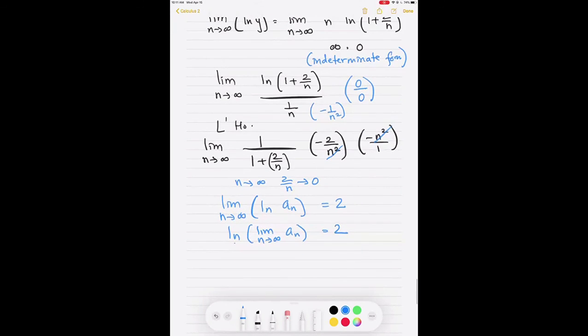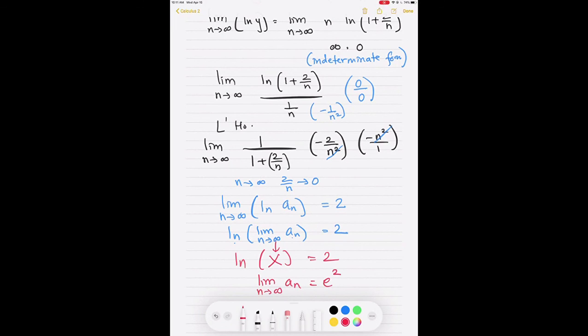So if ln of something is 2, then that thing must be e squared. Again, you've seen this. So the 5 people, you should be very comfortable with this one now.